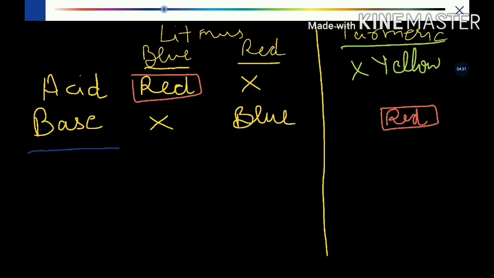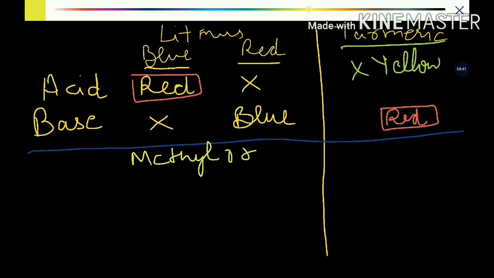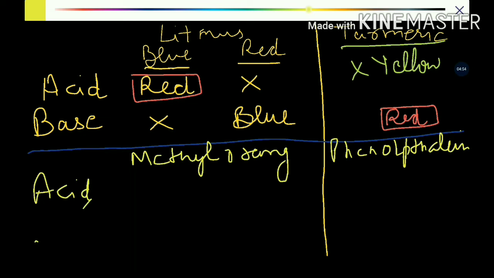Now we will compare one more synthetic indicator, that is methyl orange. Just to learn, methyl orange will behave as litmus and phenolphthalein will behave as turmeric, for acid and for base.